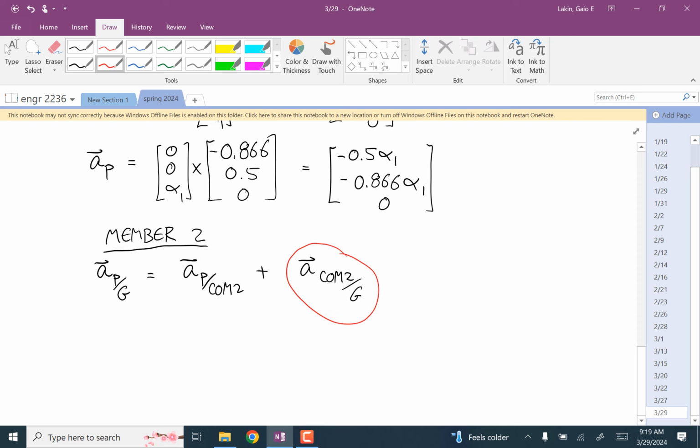This one, we already have a different name for. This is A2, and those are variables we've already defined. And this one is circular motion around the center of mass of 2. So this is the watermelon equation.